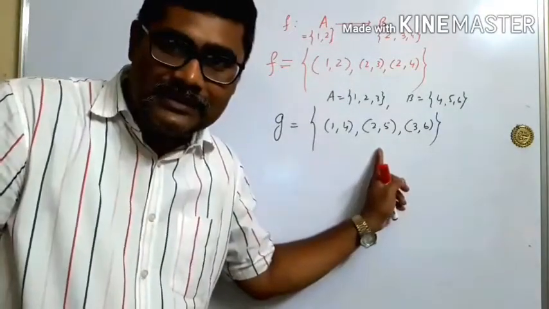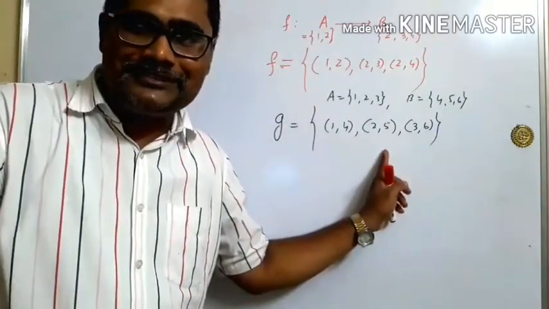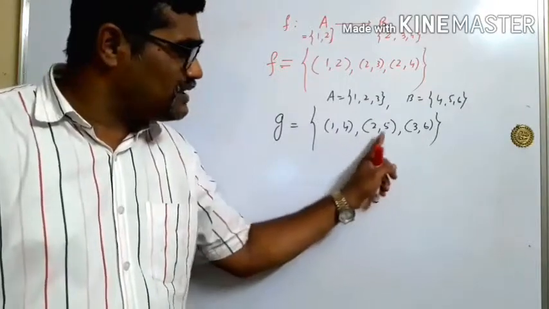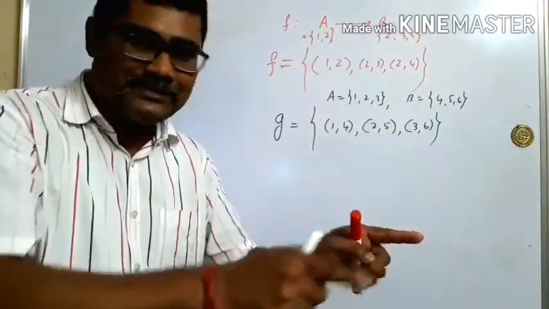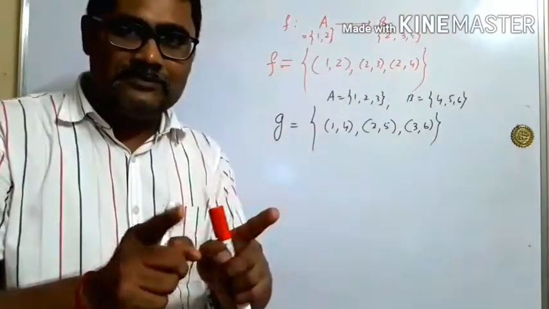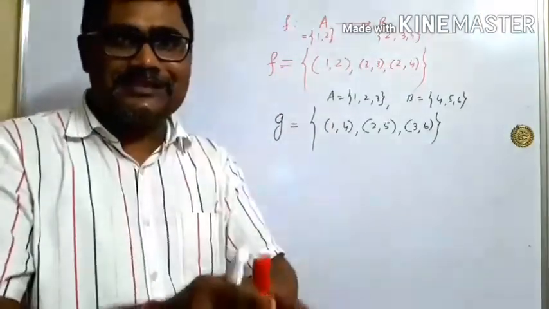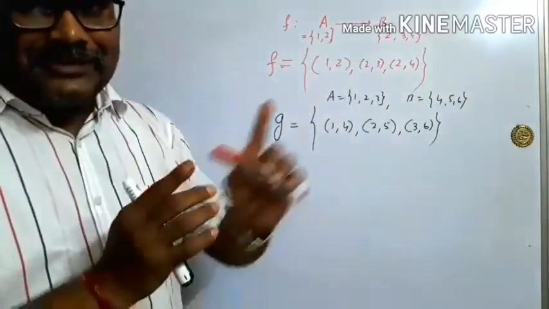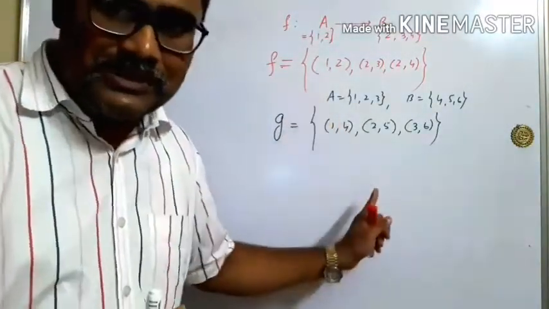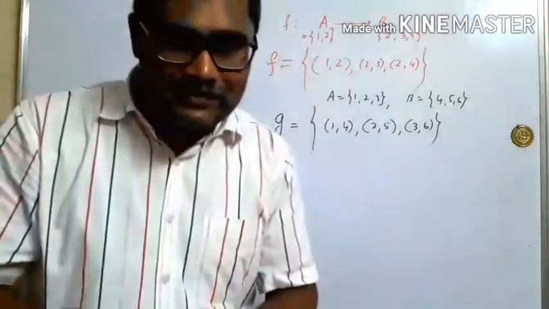Can we write the range and domain from here? Yes. The first place elements always constitute the domain. So you write them in the form of a set. Second place elements, if you write them in the form of a set, always constitute the range, right? So both domain and range are visible from this particular roster method. Why am I explaining this?